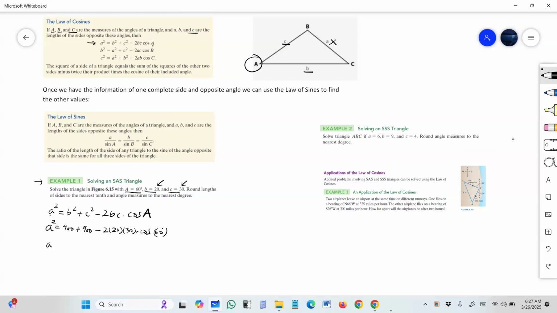All right, so for A squared, I can add these two values. And this is going to be 2 times 20, 40, times 30, so 40 times 30 is 1200. You can do this on a calculator, cosine of 60 is 0.5.